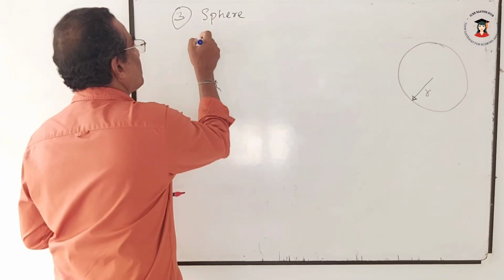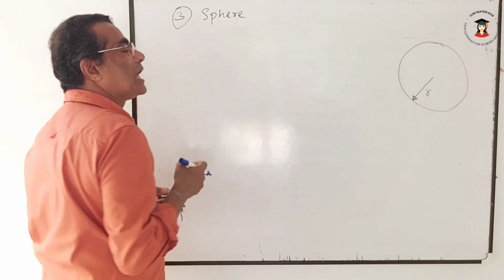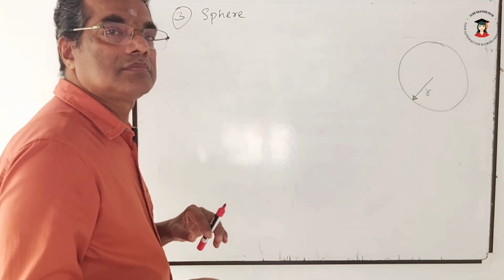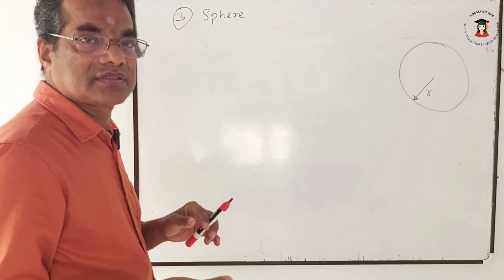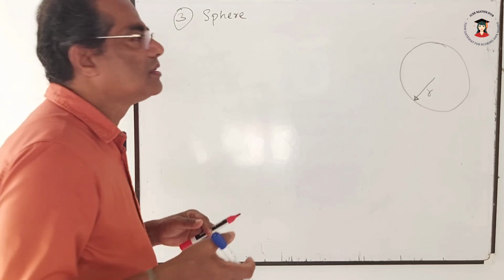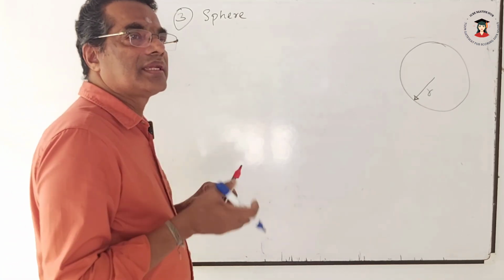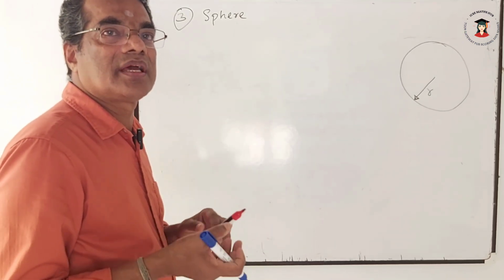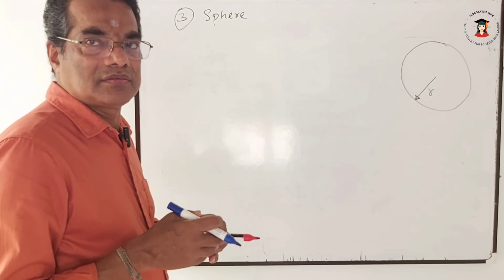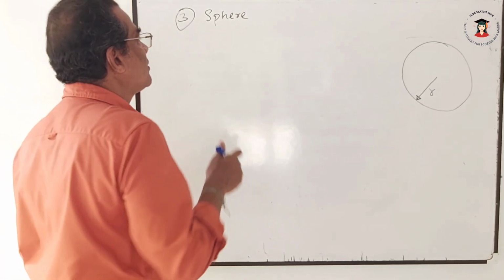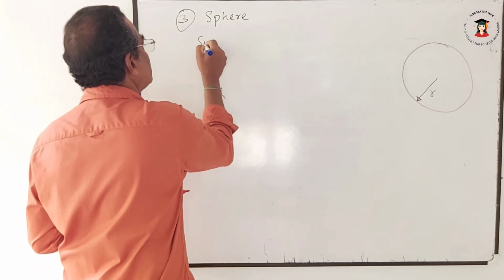Sphere: there is no lateral surface or base area, end surface. We cannot distinguish like that. So it has only the lateral surface area and total surface area, it is a combined one. We can only say surface area.